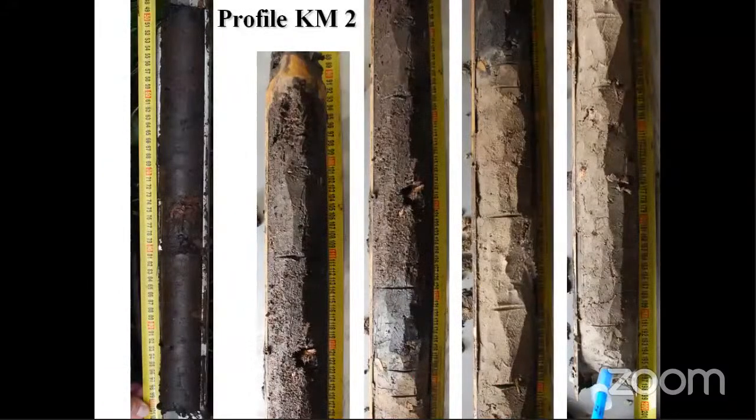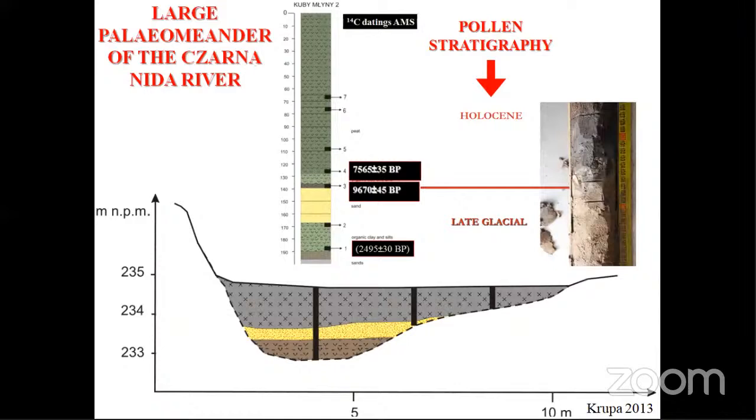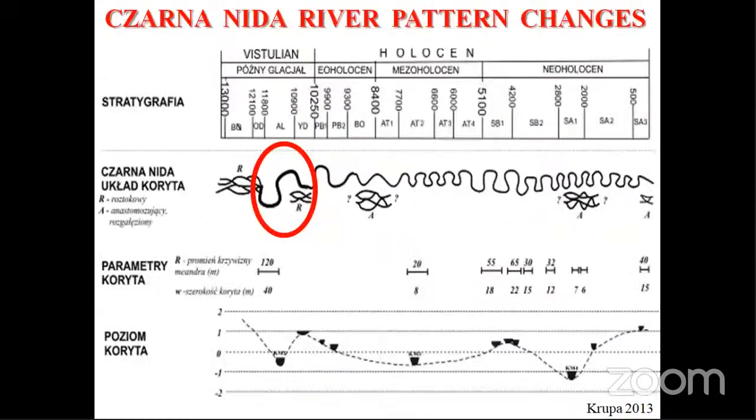At the study site, geological drillings were made, and then radiocarbon dating and palynological analysis were carried out. These analyses indicate that the Czarna Nida macromeanders existed in the late glacial, probably in the Allerød phase. These are the Czarna Nida macromeanders on the final river pattern changes model.